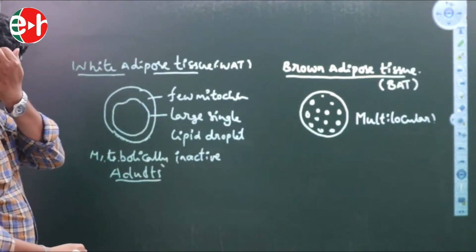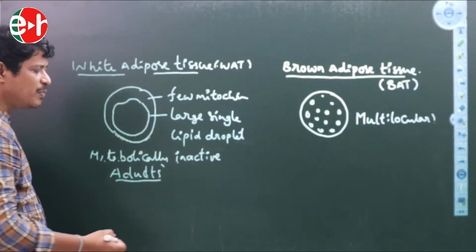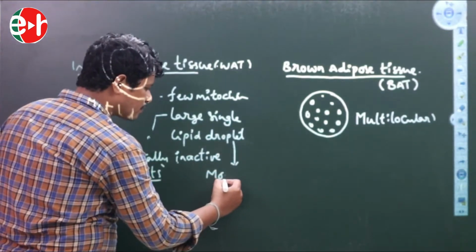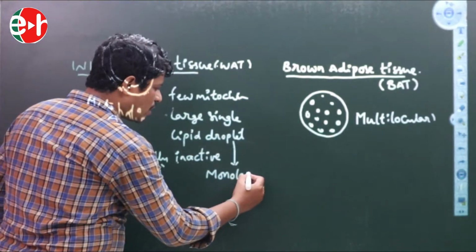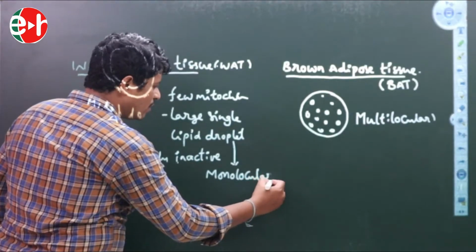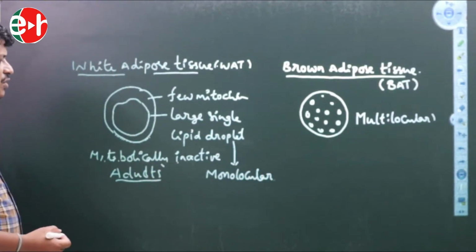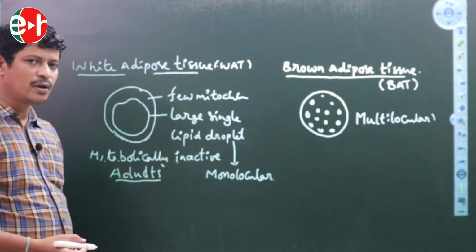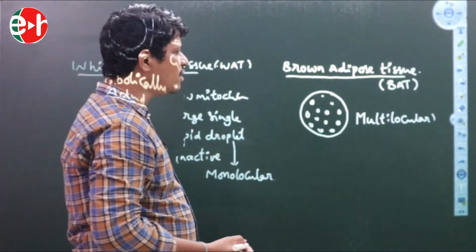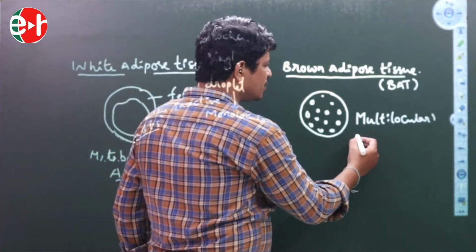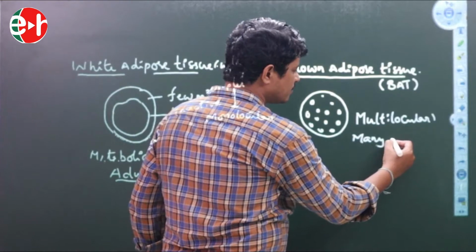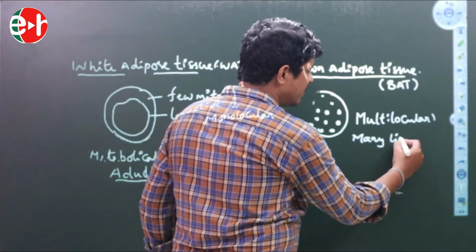But the white adipose tissue has only a single lipid droplet, so it is called monolocular. So the white adipose tissue is monolocular with a single large lipid droplet, whereas the multilocular one is brown adipose tissue with many lipid droplets.